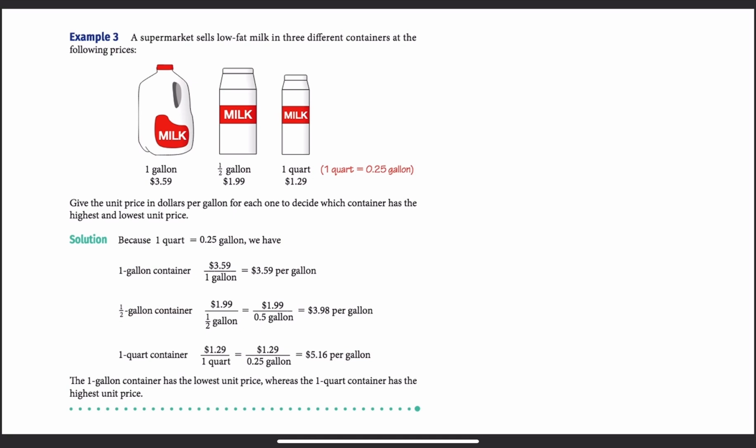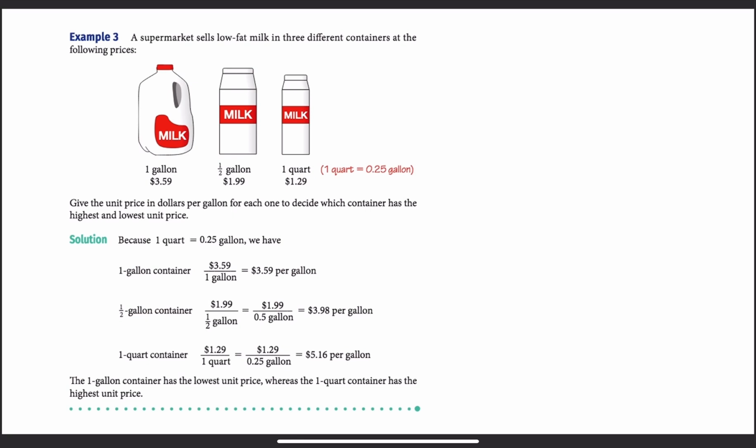Another great application is looking at the different values that you could find at the grocery store. For instance, milk is going to come in different sizes, and you're going to be charged different prices for that. So what we can do is we can convert all of these to rates of the same units, and that will give us a sense of what's actually a good value here. Now, the trouble is that we've got 1 gallon.